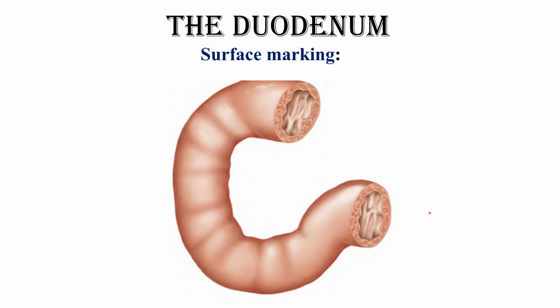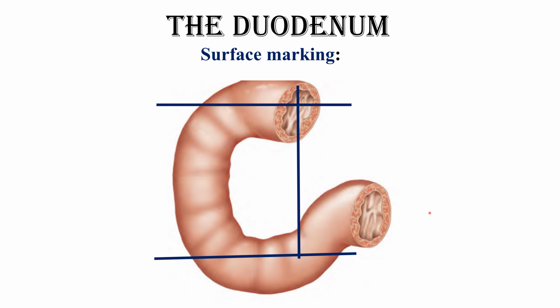As for the surface marking of the duodenum, we use 3 lines: the middle line, the transpyloric plane, which passes by the body of the first lumbar vertebra, and the subcostal, which passes by the body of the third lumbar.